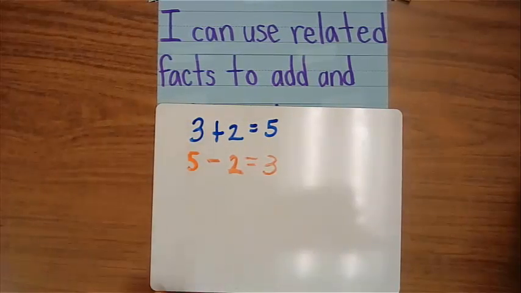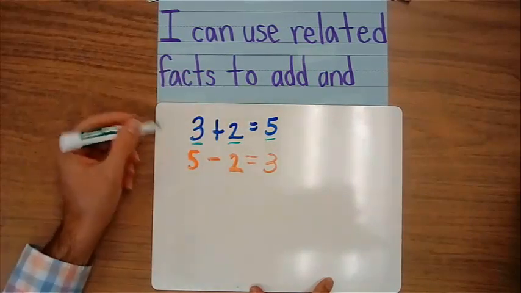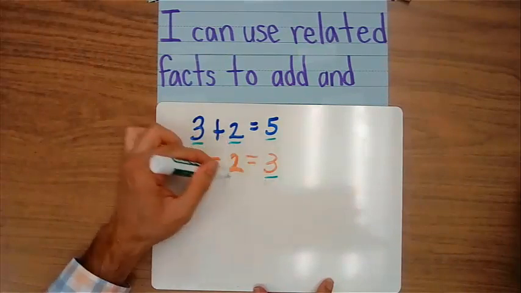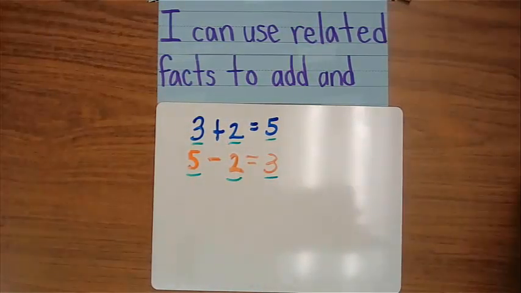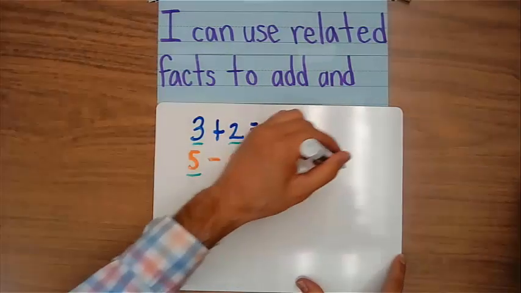Okay, so what did you notice? What do you notice about these two number sentences? Well, I notice that they use the same numbers, right? 3, 2, and 5. So they are using the same family numbers. They're related.